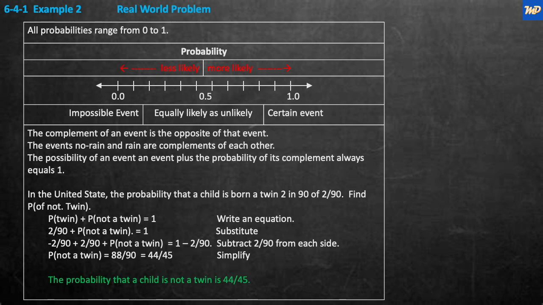So over here we have the probability of a twin plus the probability of not a twin equals 1. Okay, so 2/90 plus the probability of not a twin is 1.